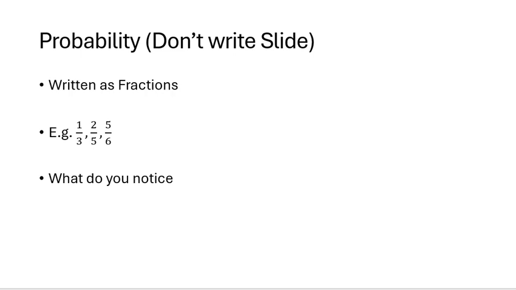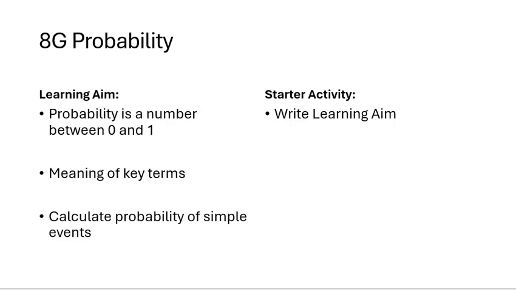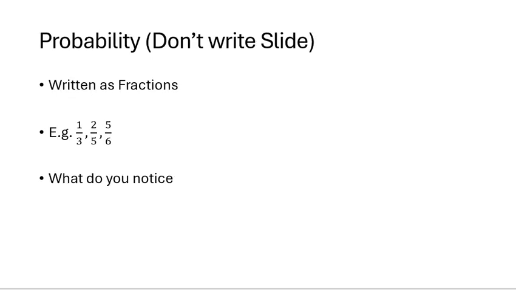And you don't need to write this, but remembering back to our learning aim, probability is a number between 0 and 1. So if you have a look, probability is typically written as fractions, okay? And they'll always be written like that, or they could be written as a decimal. But the one thing you must notice is that the numerator is always smaller than the denominator.